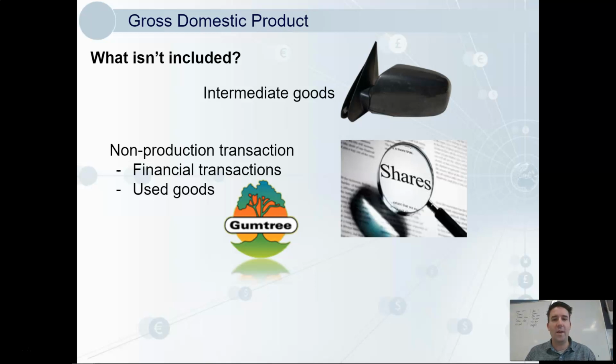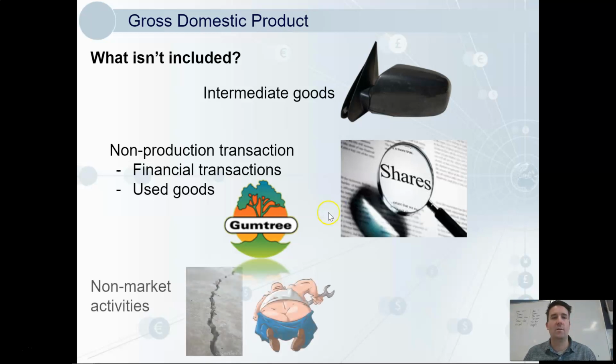We also only count what can be counted. So people doing illegal activities like selling crack on the streets are not going to report their sales to the government, so it's not going to be counted in our GDP.